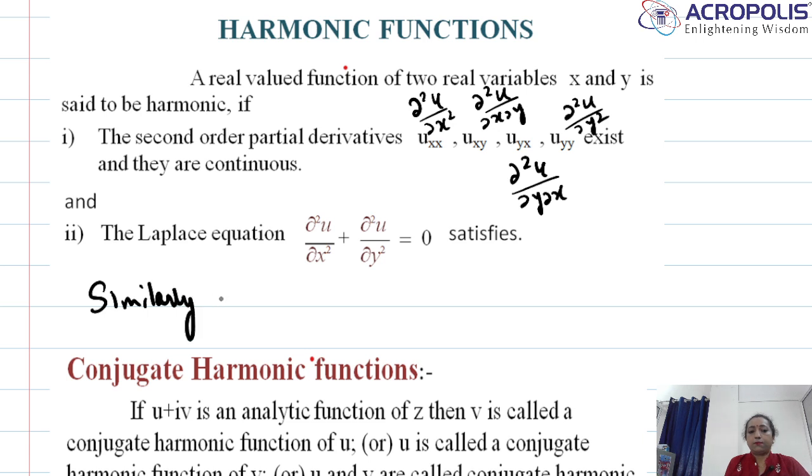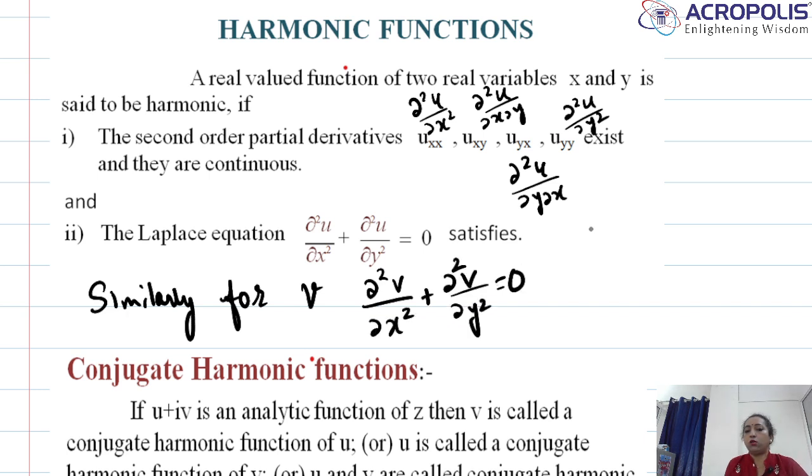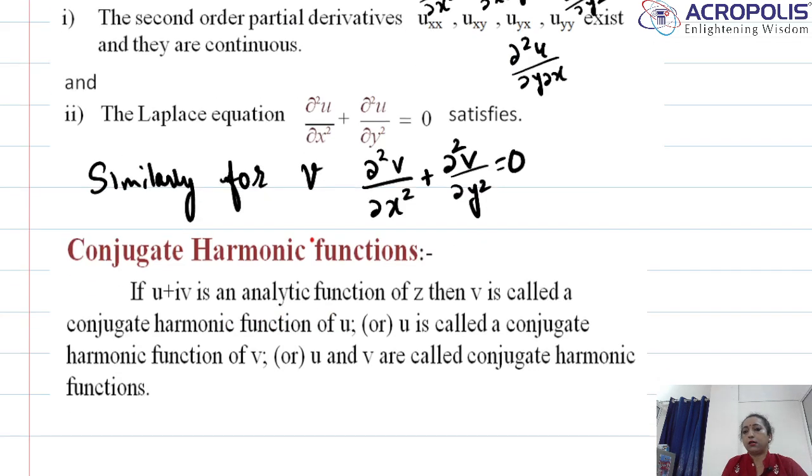Similarly for the function v, we can write if del 2v by del x square plus del 2v by del y square is equal to 0, then v is a harmonic function. In symbolic notation, we write del square u is equal to 0 and del square v is equal to 0.